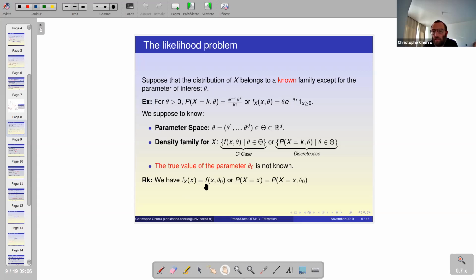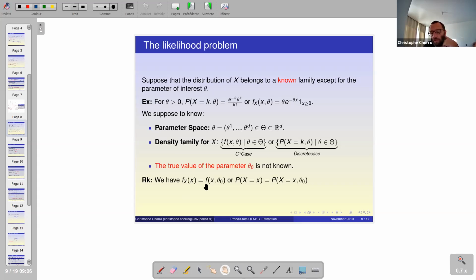A known family in my course, if this distribution is discrete, will be among the classical discrete distributions we have seen together: uniform, Poisson, binomial, Bernoulli, and geometric, let's say.